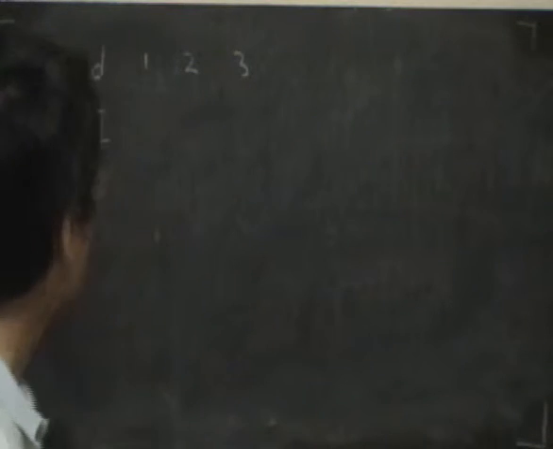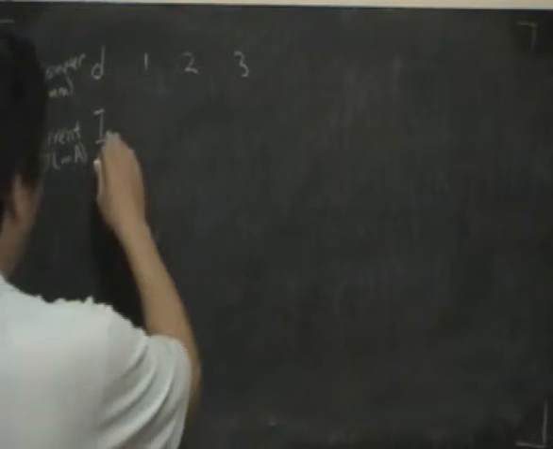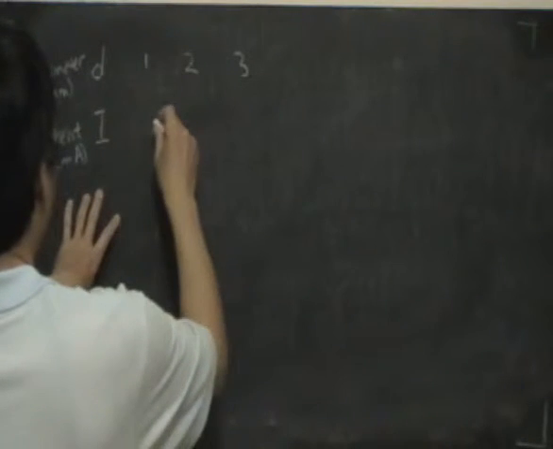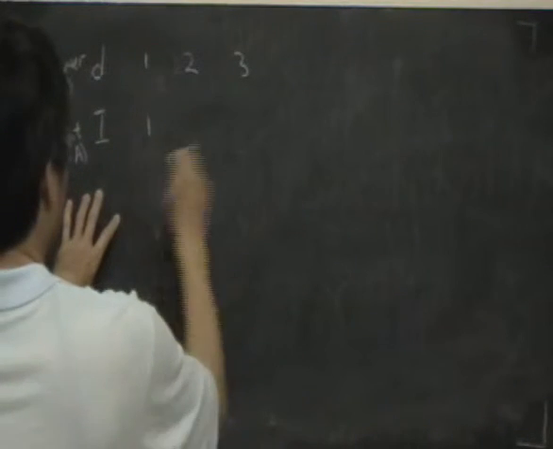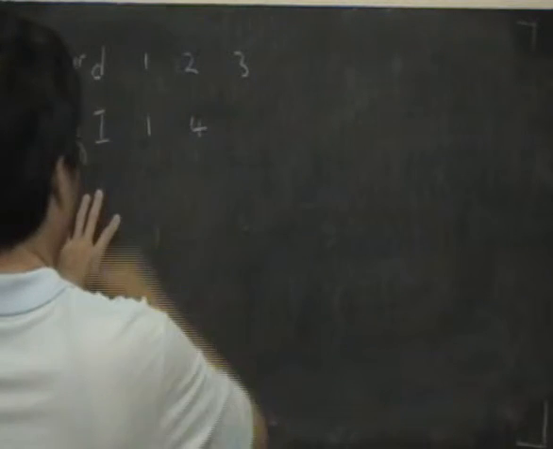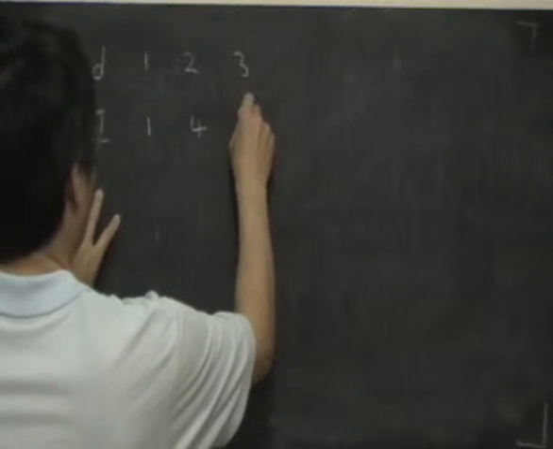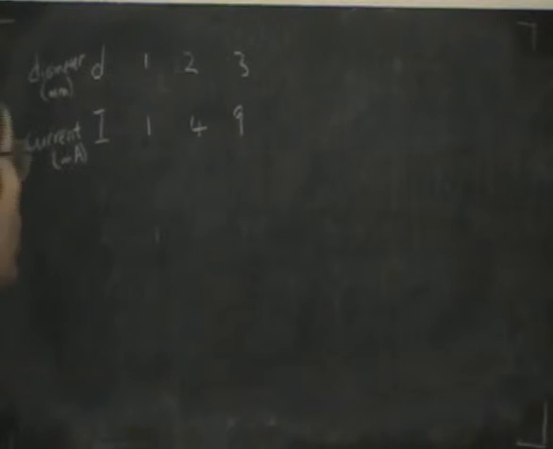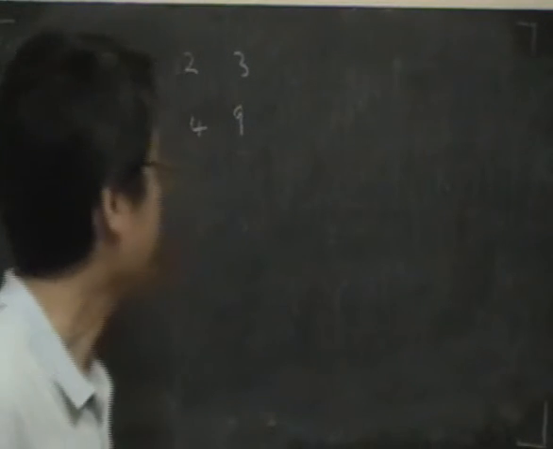Now then, when I connect this to a battery, suppose that I measure a current flowing through it, and that this current is 1, 4 and 9. Right.